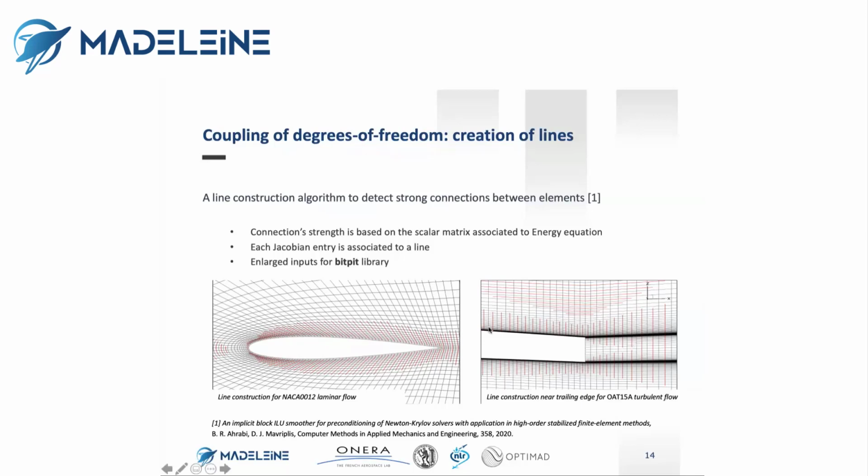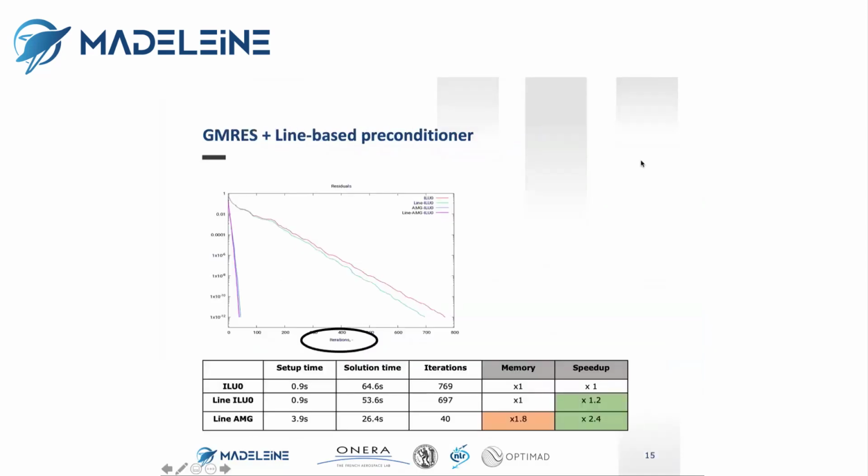And in the preconditioner that we developed, we try to exploit these links. This pre-processing of the matrix has been developed by Onera, and it has been implemented on top of the PETSc library.